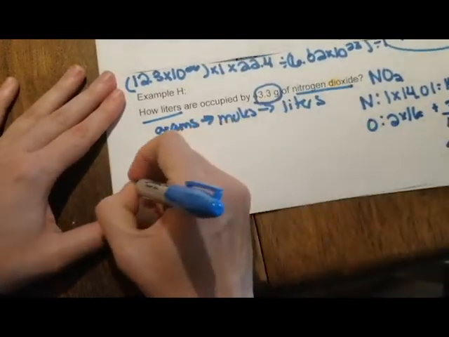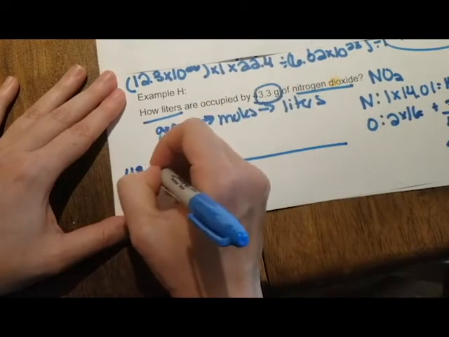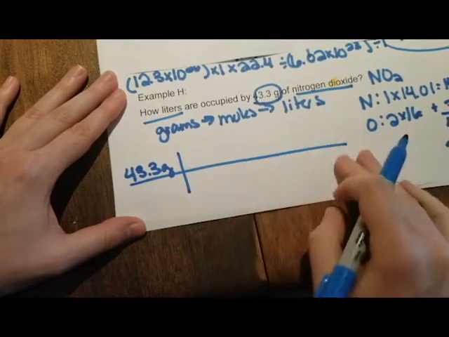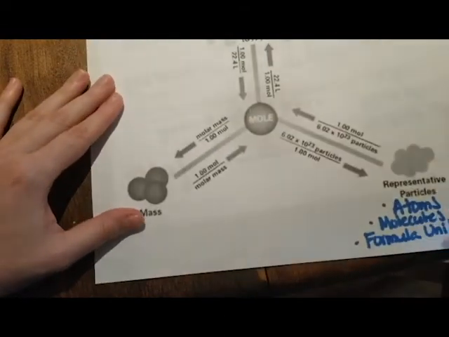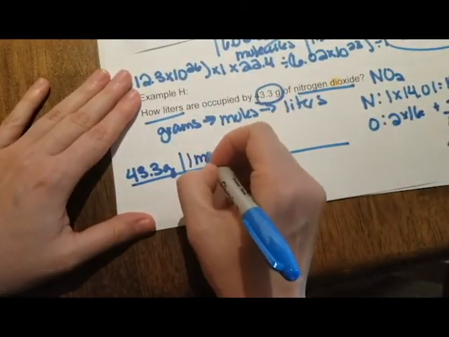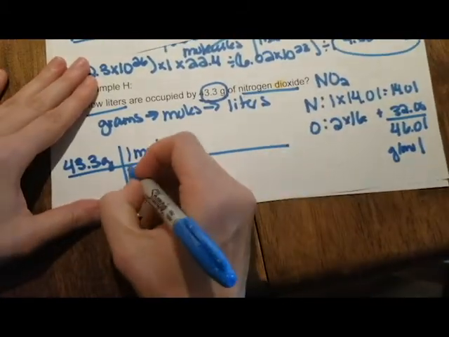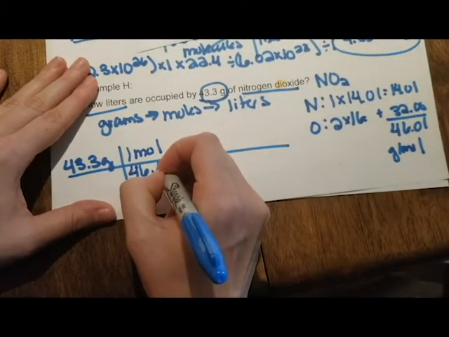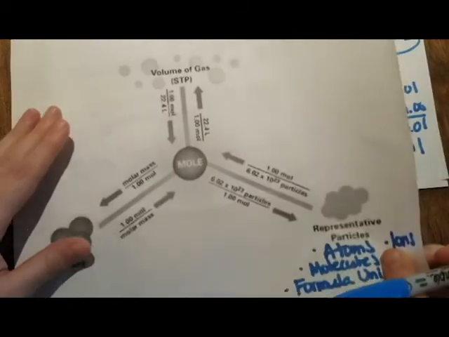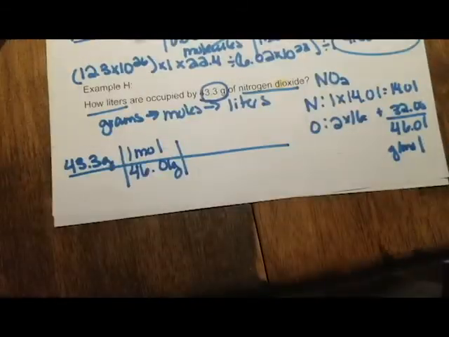So again, train tracks, I'm going to put my 43.3 grams in this very first spot, and then I can stack my conversion factors next to each other. So my first conversion factor, 1 mole over molar mass. Molar mass is over here, 46.01. And then I have my next conversion factor, 22.4 liters over 1 mole.